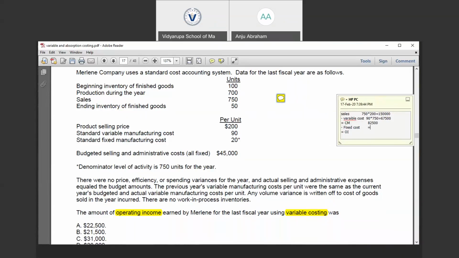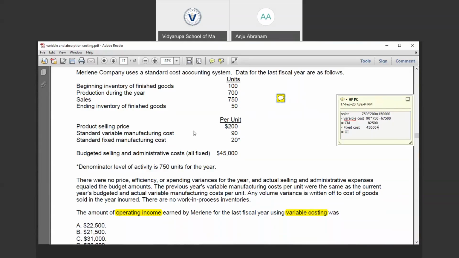So fixed cost includes both fixed manufacturing and fixed non-manufacturing overhead cost. The budgeted selling and administrative cost is provided to us as 45,000. Along with that, there is fixed manufacturing cost, which is 20 per unit.